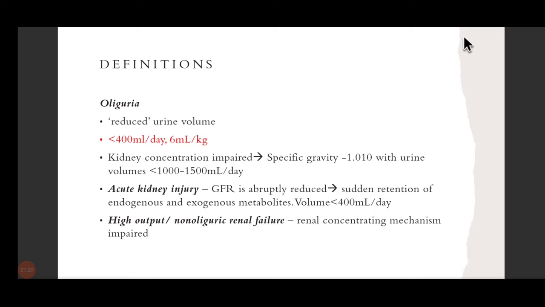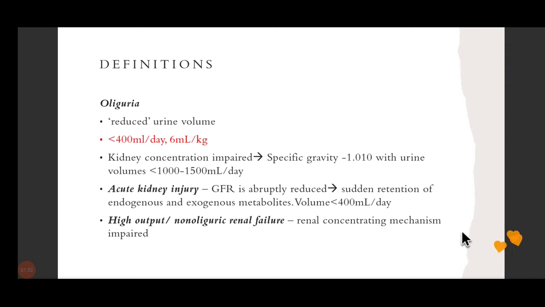Another term in this discussion is acute kidney injury, AKI, or acute renal failure. To avoid the confusion, they introduced this term acute kidney injury, which refers to the decreased glomerular filtration rate, which is suddenly reduced.